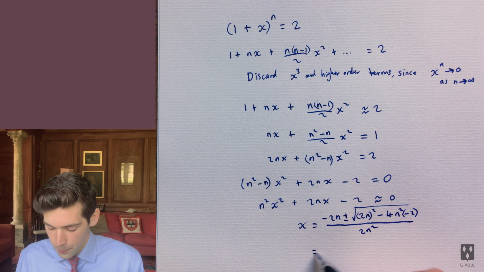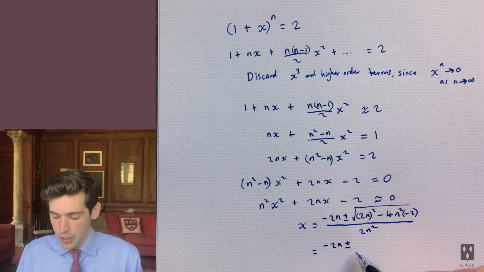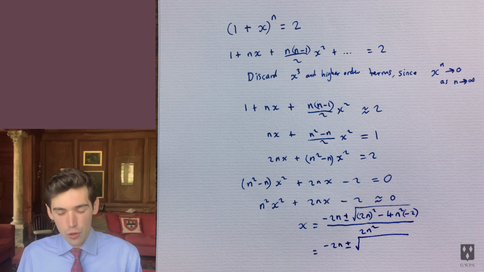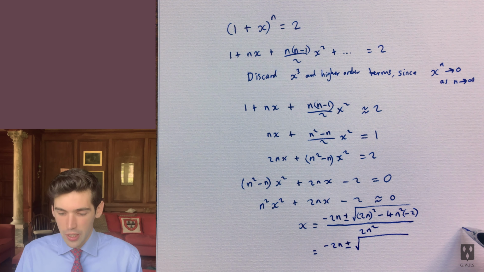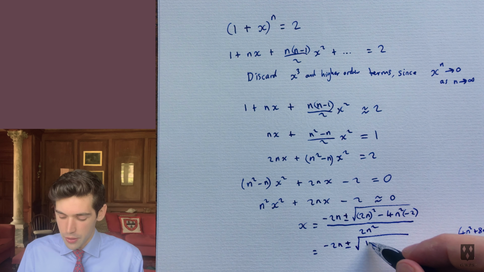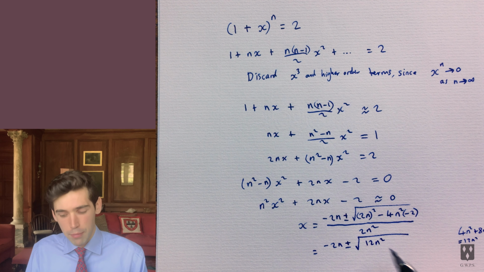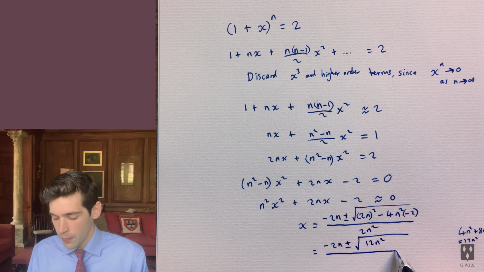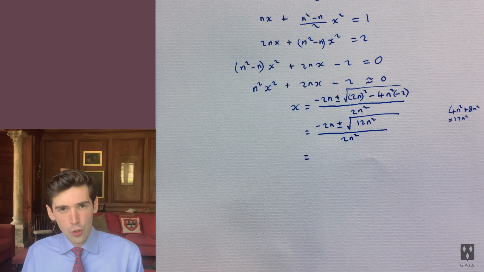Now, let's just simplify this, so leave it alone, this bit, and then sort out this square root. So we've got 4n squared, I'll do this on the side, this is actually 4n squared plus 8n squared, which is really 12n squared. So let's just put 12n squared here. It's quite useful to do a bit of work on the side sometimes and then come back to the main equation, 2n squared.